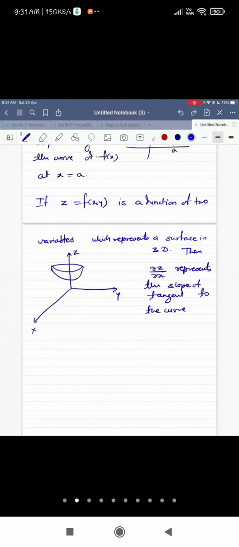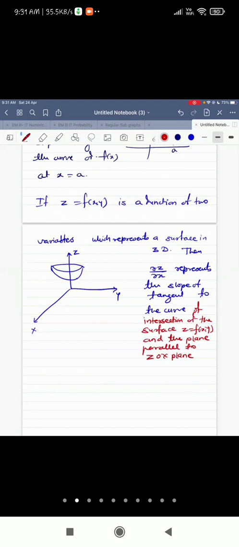The curve of intersection of the surface z equal to f(x, y) and the plane which is parallel to the ZOX plane. Students, it's not difficult to understand the interpretation. It may be difficult to derive the interpretation, but not difficult to understand it.